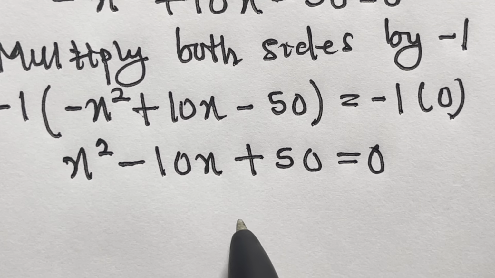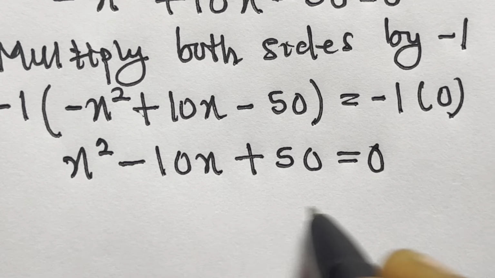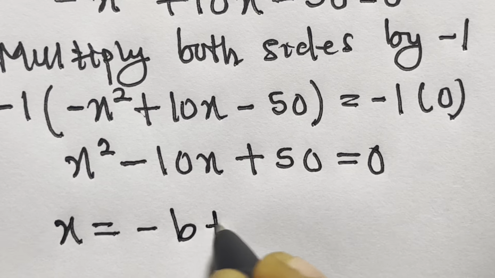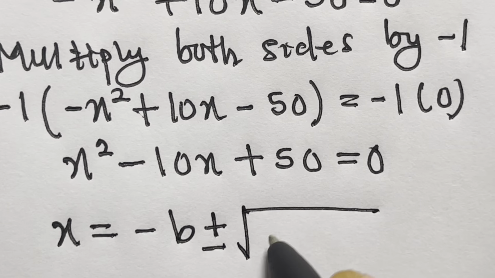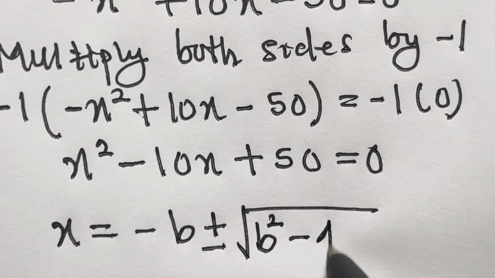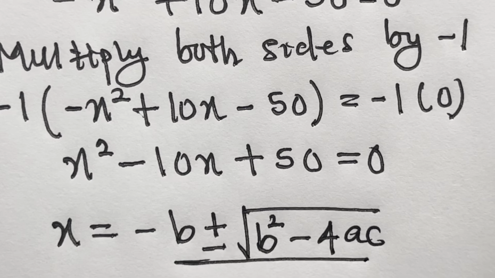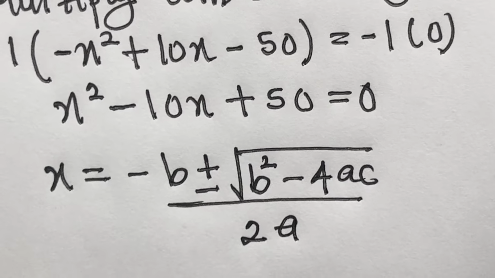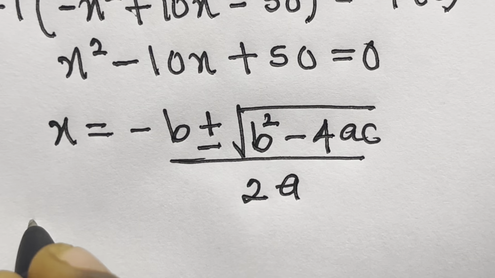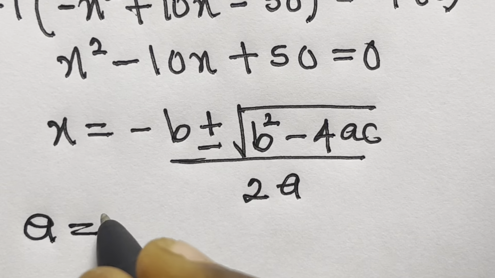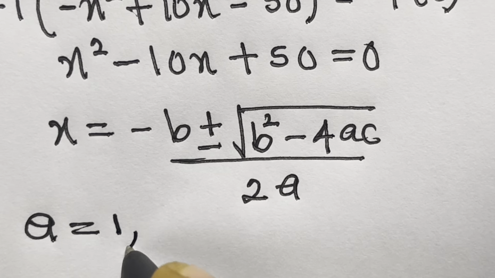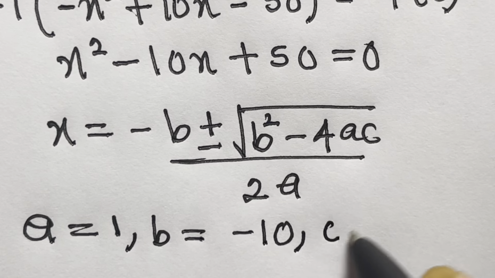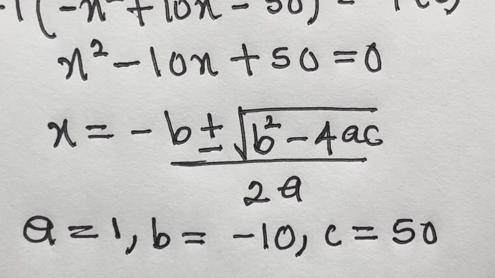Let's solve it by using the quadratic formula, which is x equals minus b plus or minus square root of b squared minus 4ac, divided by 2a. So from here, we'll have our a to be the coefficient of x squared, that is 1, our b, coefficient of x, that is minus 10, and our c, which is the constant, equals 50.